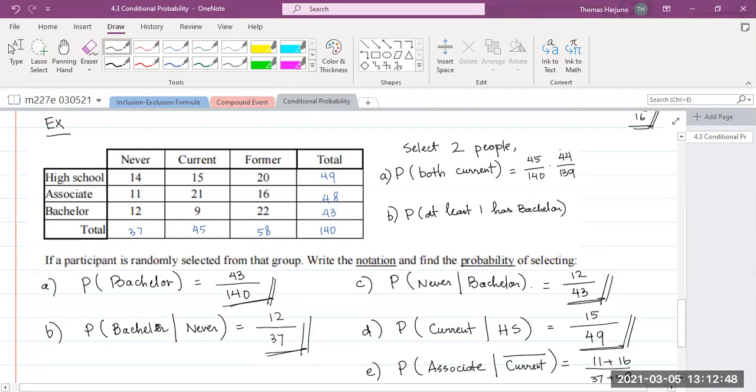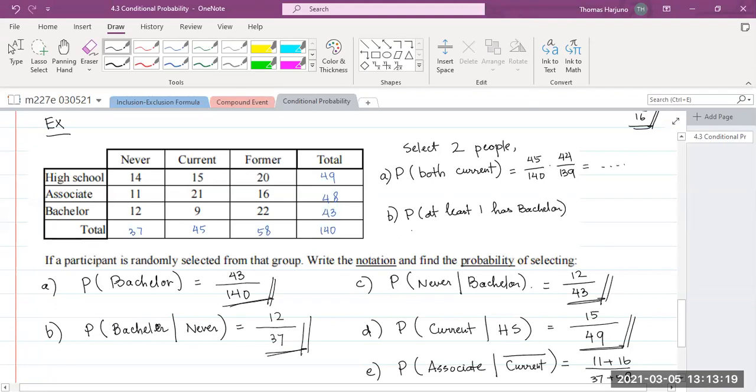Notice that the probability here is actually under the condition that the first one selected is a current smoker, right? Okay, so we did this type of problem earlier when we did compound event without considering conditional probability explicitly. No need. Okay, we can do it by heart this way.